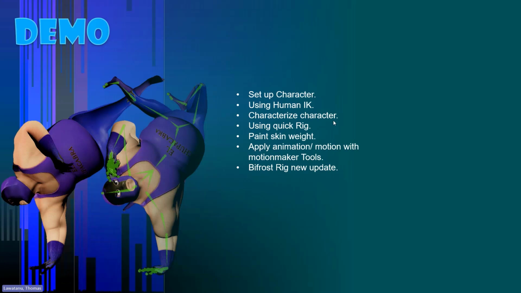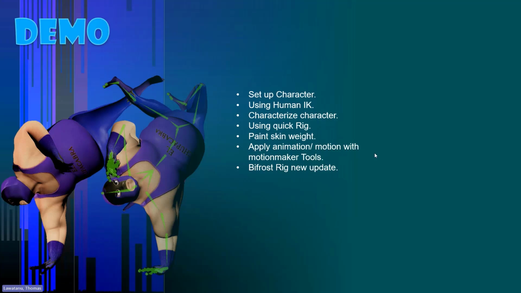Next we will do some paint skin weights, because every animator, every rigger, when you play around with rigging, deals with paint skin weights to determine areas on your character. Then we will apply the motion with the motion maker tools. And last we will see the new things inside Bifrost for rigging.